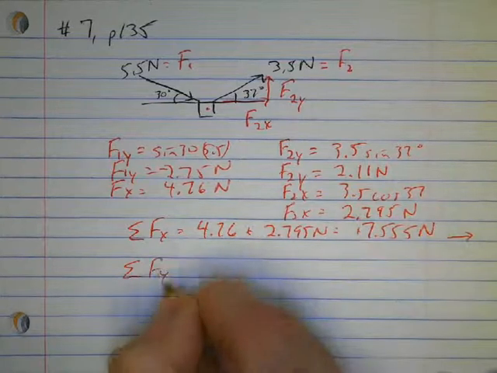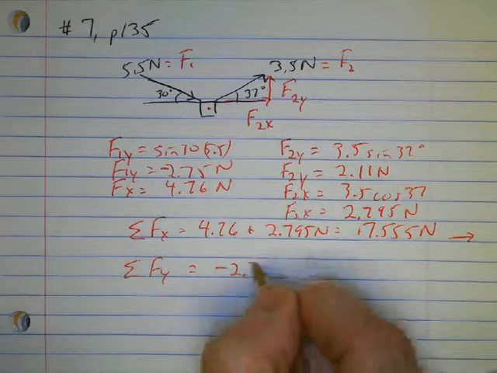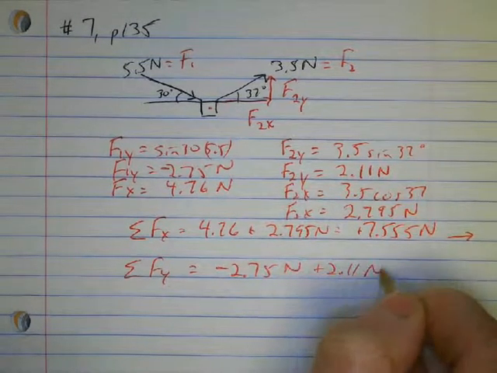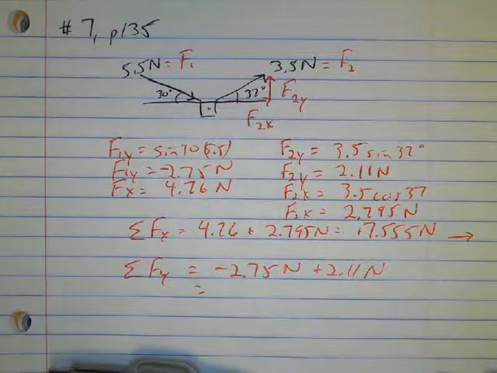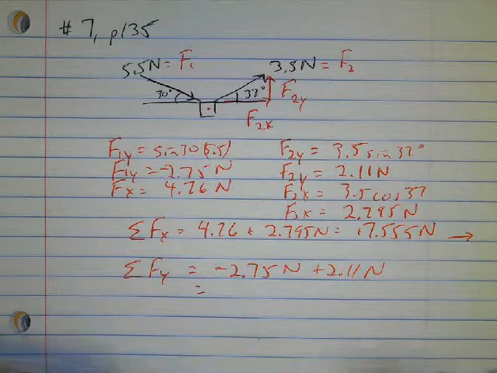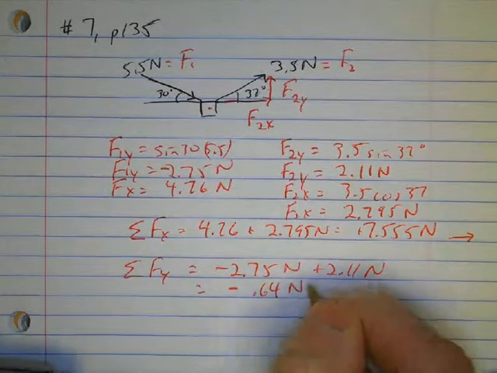And for the forces in the y, remember we have one negative, negative 2.75 newtons, and 2.11 newtons, so that is negative 0.64.